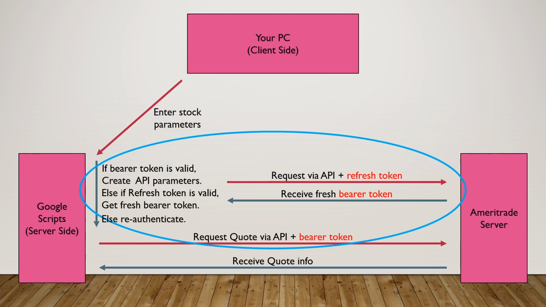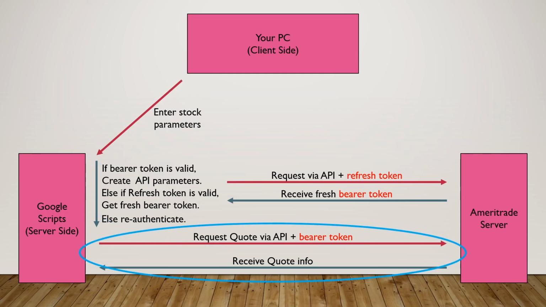So we've now written the function to get the bearer token, taking into consideration the validity of the bearer token and the refresh tokens. And so now let's write a function, finally, to get a quote, a stock quote. Alright?